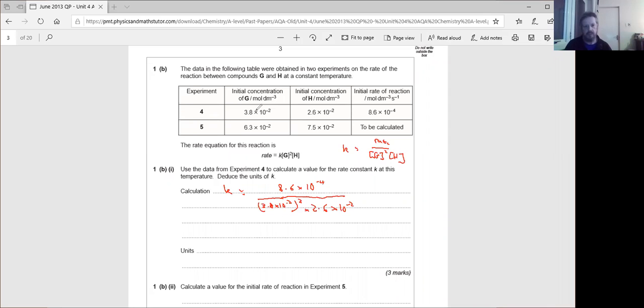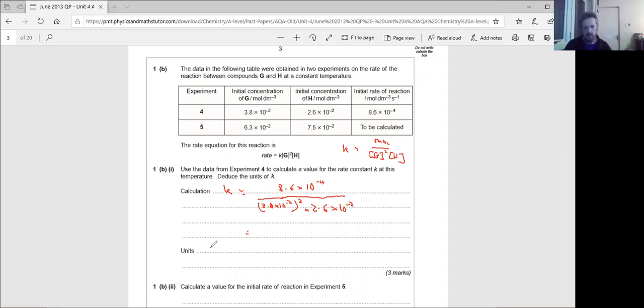So there's G squared because it's second order. There's H not squared because it's first order, as we can tell from the rate equation. So if you put those into your calculator, you will get a value that you can use later, because I'm not going to do the whole calculation, but I will do the units.